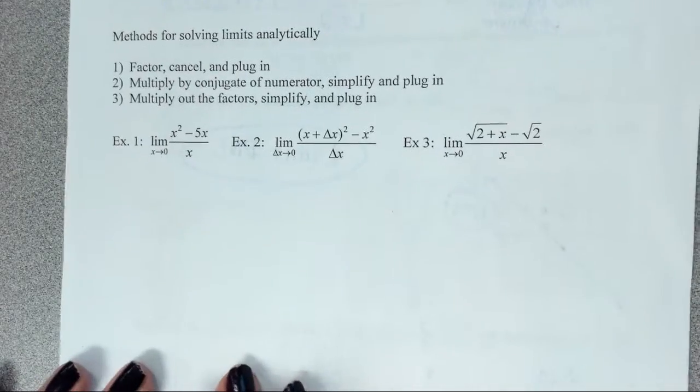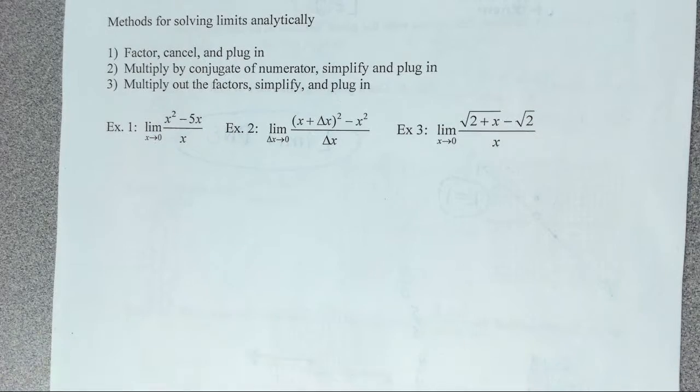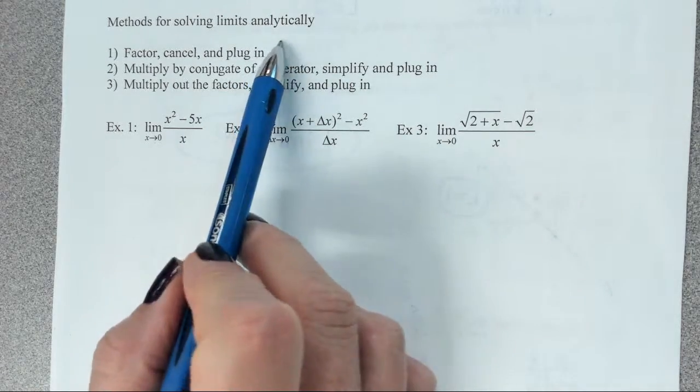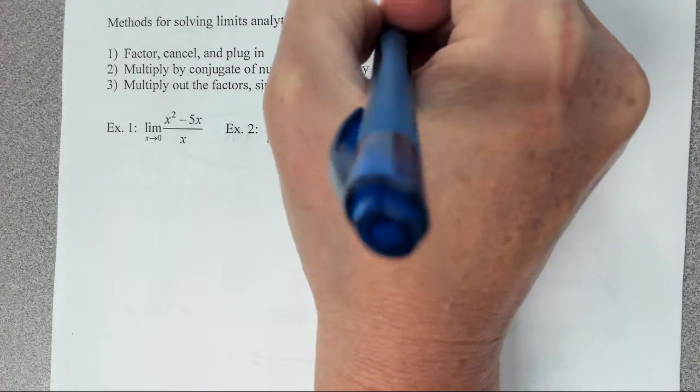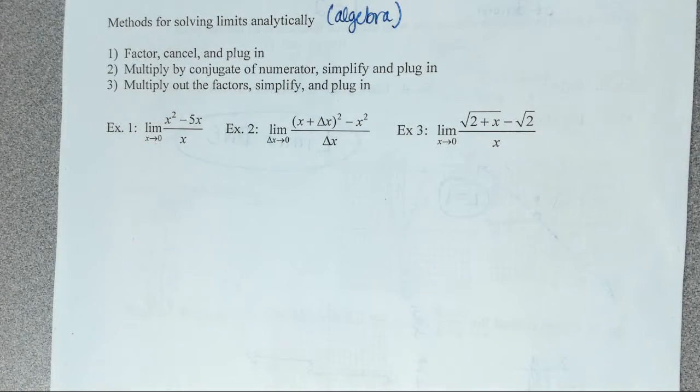Okay. So these are our methods for solving limits analytically. Again, we have 3 ways to solve limits. One's numerically. Numerically means you just plug in the number and get your answer. The other way is analytically. Analytically means use algebra. And the last way is graphically.